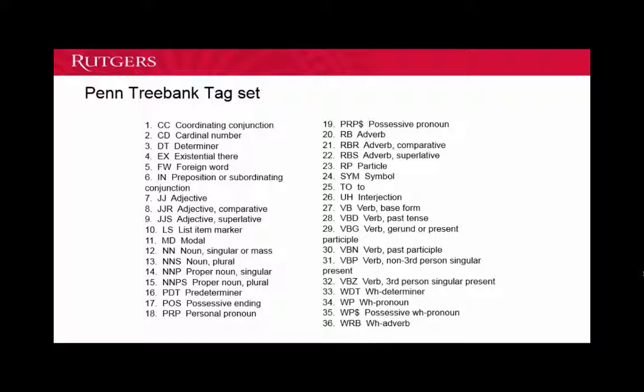Another thing is maybe you just want to know the ratio of nouns to adjectives. What would that tell you? How descriptive the document is. Flowery, if it's a love poem. The other pair that's similar is verbs and adverbs.